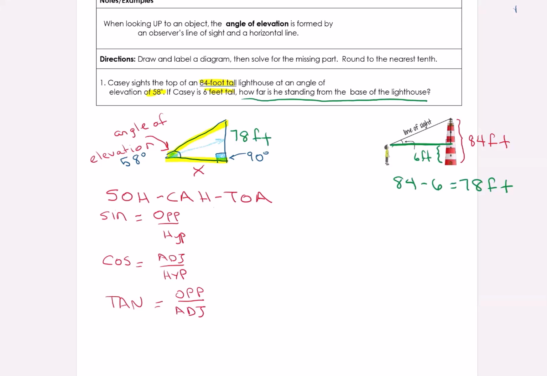Well, we know pretty much everything we need to know. I know here that I have opposite. Remember I said this was opposite. I have opposite, and I'm trying to find adjacent. This right here is opposite our angle, and this x is adjacent.